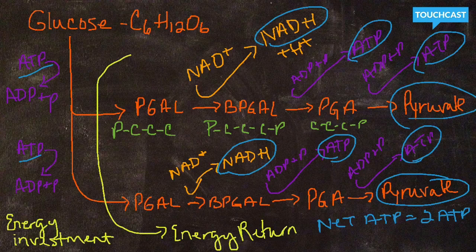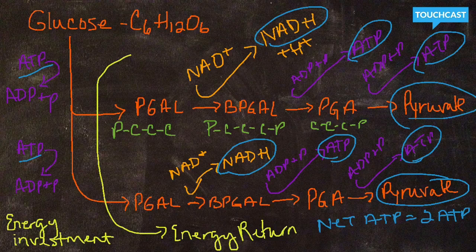Now if oxygen is present, those 2 molecules of pyruvate are going to move on to the prep step, which will occur within the mitochondria. However, if oxygen is not present, then the 2 pyruvate can move on to the lactic acid cycle or alcohol fermentation, and those are processes that can still generate molecules of ATP, but you're not getting as much ATP, you're not getting your NADH, and that does not require oxygen.